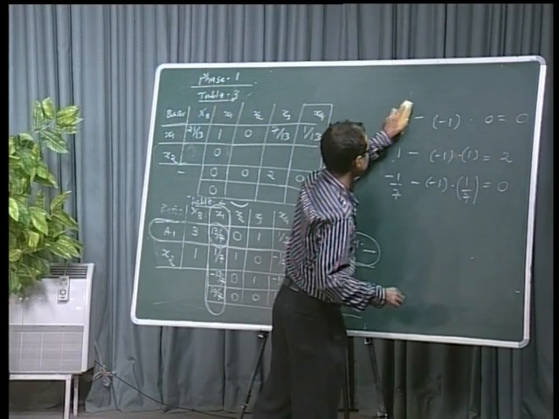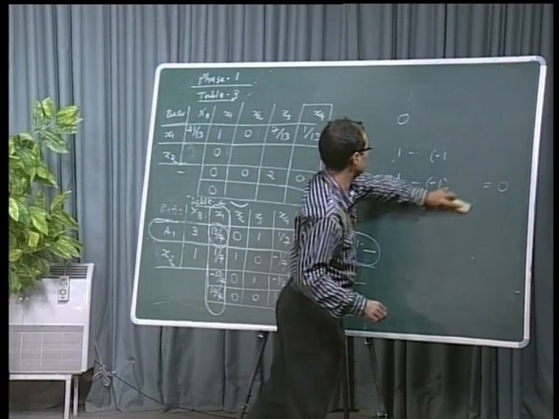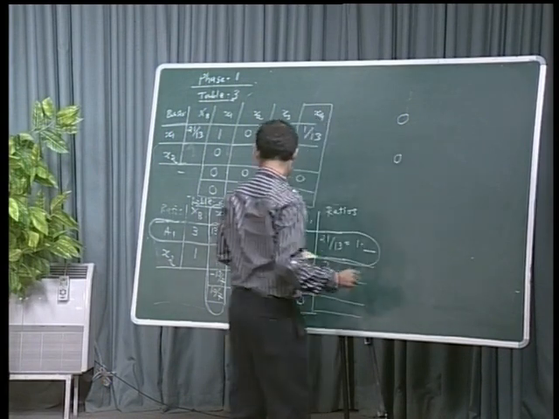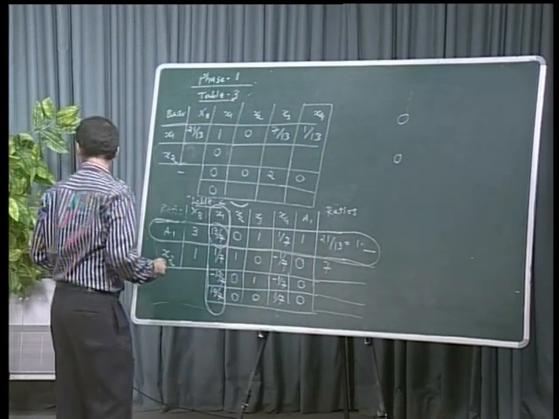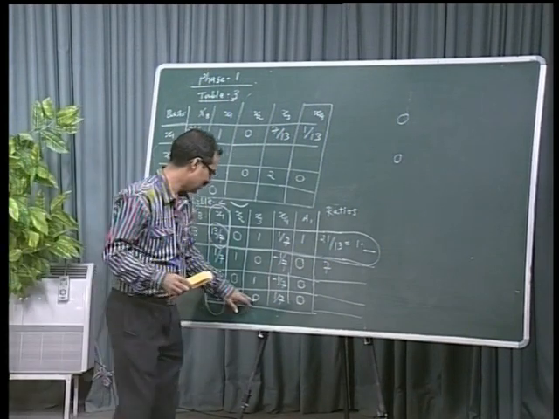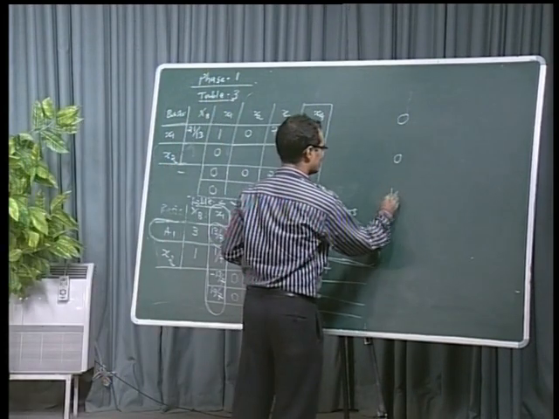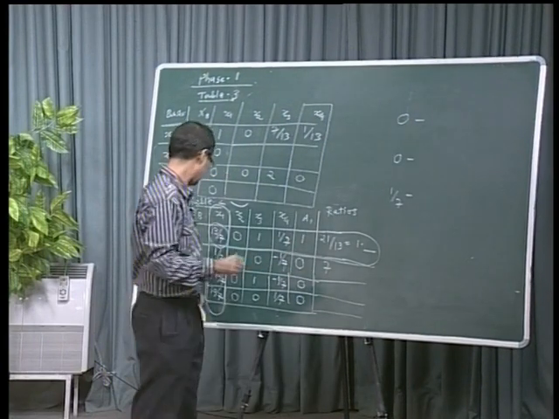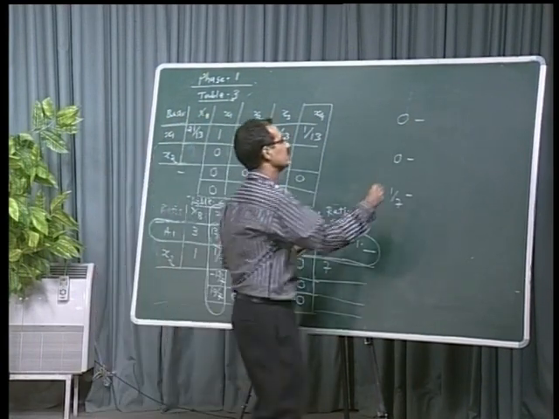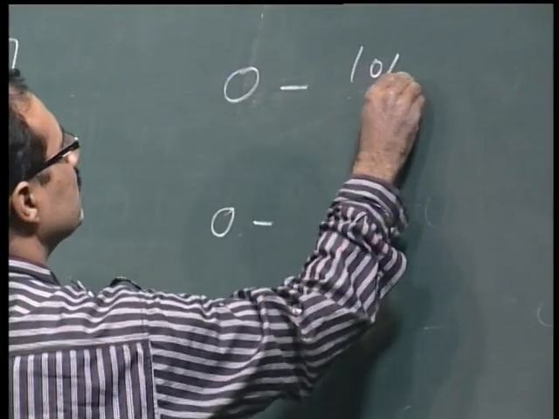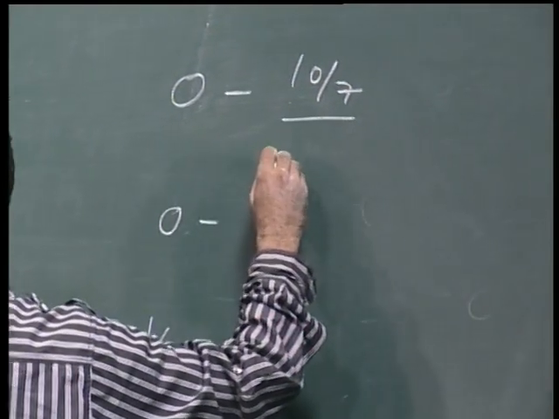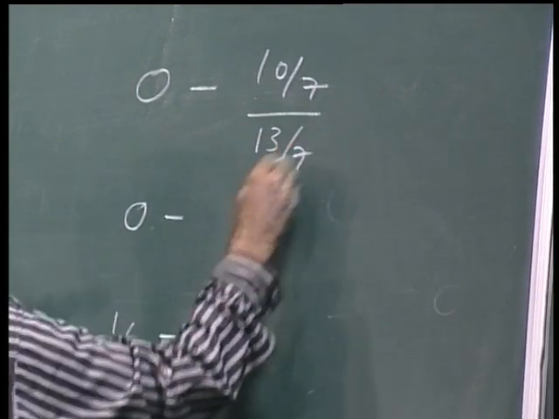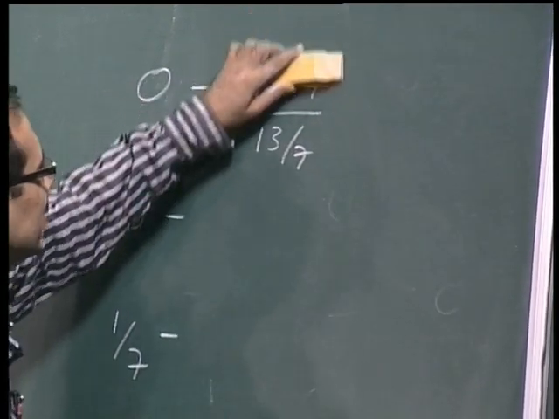So, it is a little lengthier job, and we have 0, 0 and 1 by 7. So, 0, 0 and 1 by 7 minus everywhere. The element which we did not write is 10 by 7 this time, divided by the leading element, that is 13 by 7, and 10 by 7 divided by 13 by 7 is 10 by 13.